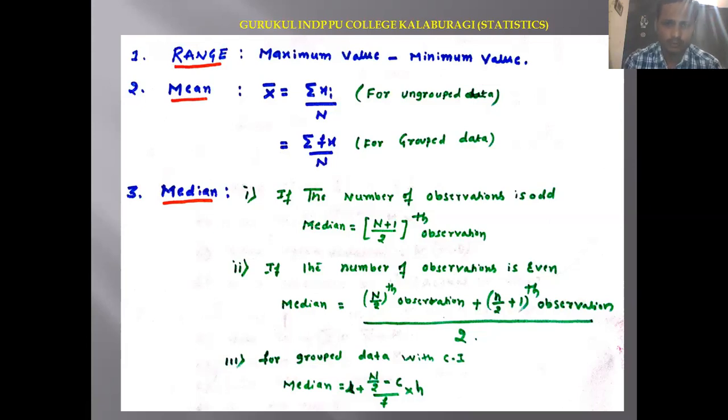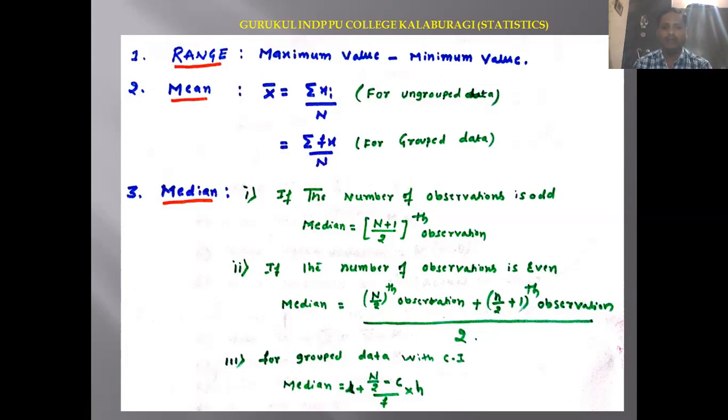Next, when an even number of observations is given, it is not possible to say what the middle value is. When odd numbers are present, we can easily identify the middle one. If 11 terms are there, the 6th will be the middle one. But when we have an even number of terms, the median lies in between the middle value and its next value.